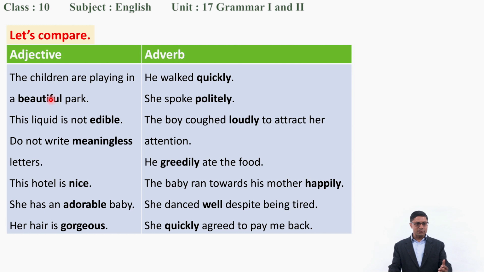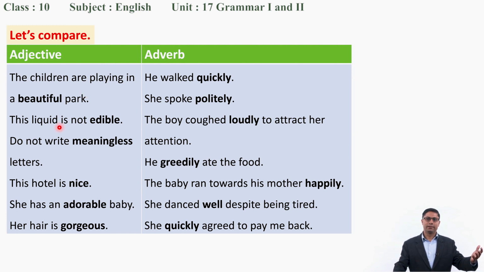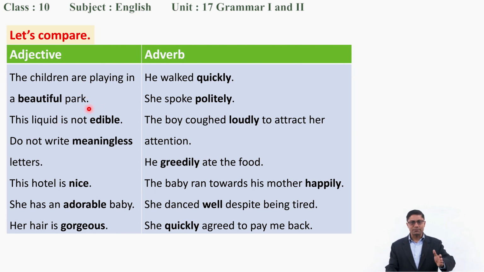You are right. Whatever you said, that's true. So, for example, you see there, a beautiful park. The word beautiful describes the word park. If somebody asks, how is the park? Then certainly the answer will be beautiful. So, it modifies the word park. In the same way, if you look at the second, this liquid is not edible. If somebody asks, how is this liquid?